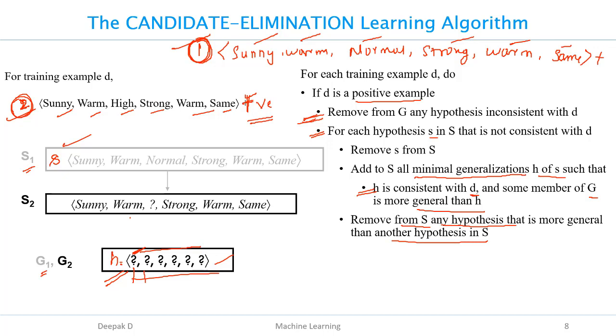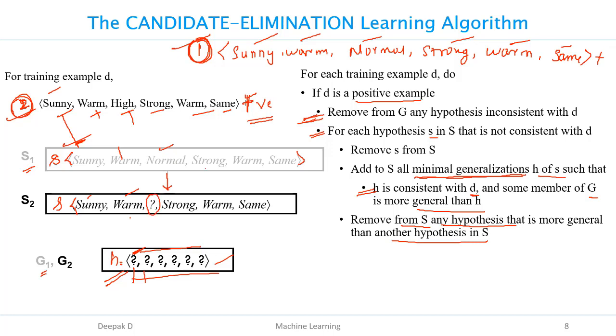So now let's see this second instance. This is your previous hypothesis. What you have to do is make sure whether this second instance is consistent with my current hypothesis. Sunny is there, so fine, while updating your hypothesis this value is kept the same, sunny. Warm, same value. High is there, so you have to replace with the minimal generalization, so I will replace it with a question mark.